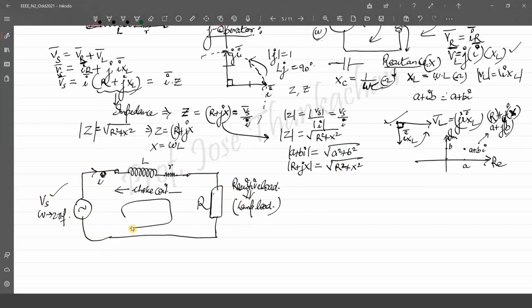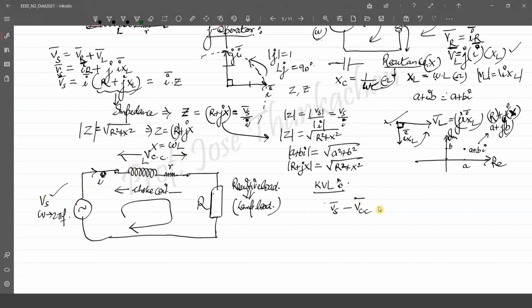So again, in this particular case, because of the closed path, I have a current flow. As a result, I can write down Kirchhoff's voltage law, isn't it? So what will be the KVL in this circuit? KVL will be Vs, which is my Vs phasor, then there will be a voltage across the choke coil. I'm calling that voltage VCC, V choke coil.